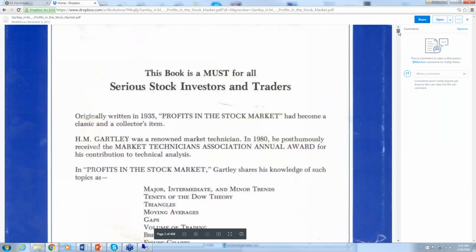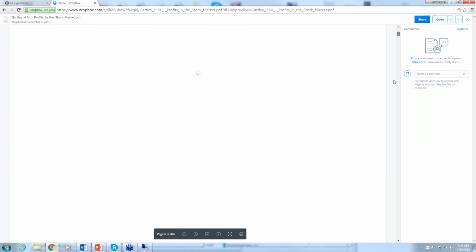But on page 222, let's go to page 222 of the book. At some point, we're going to go to page 222. I got you the link, so let's see if we got page 222 to show.